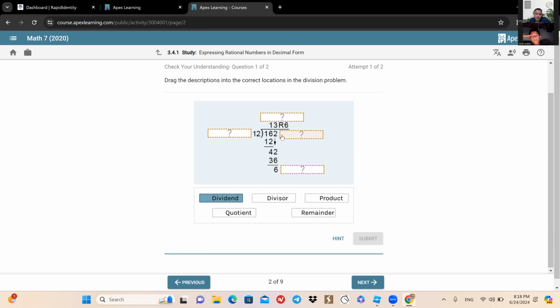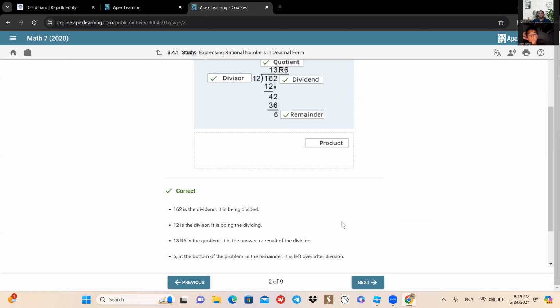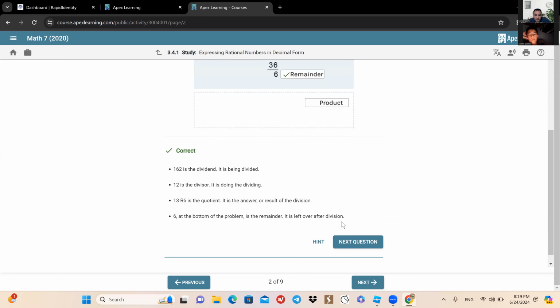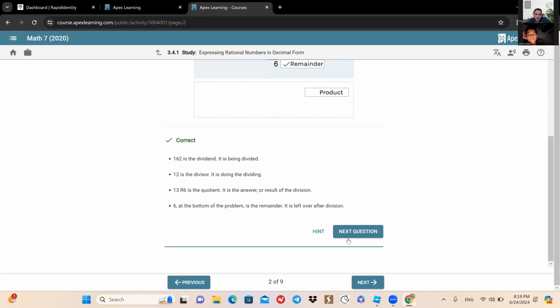How about 12? 12 is the divisor. And 13? 13 is the quotient. So that goes here. And the remainder goes here. And do we have to use product? You don't have to, right? We don't have product here. Okay.